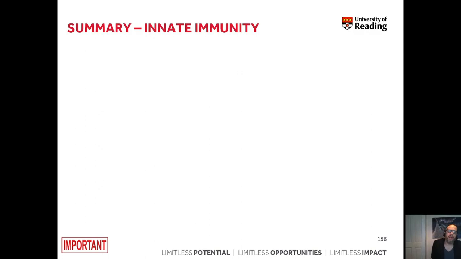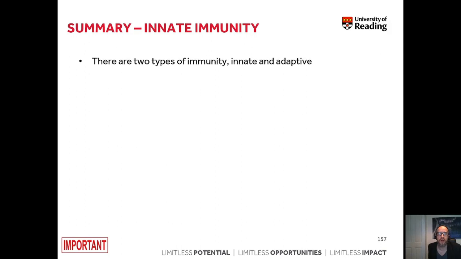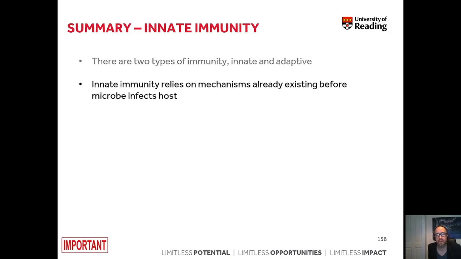So, let me sum up what we have learned about innate immunity. And again, you will hear much more about the immune system in part 3 in a lecture series delivered by Dr. Edwards. But for now, what you need to remember when it comes to innate immunity is that there are 2 types of immunity, innate and adaptive. You need to keep in mind that innate immunity relies on mechanisms already existing before microbes infect hosts.